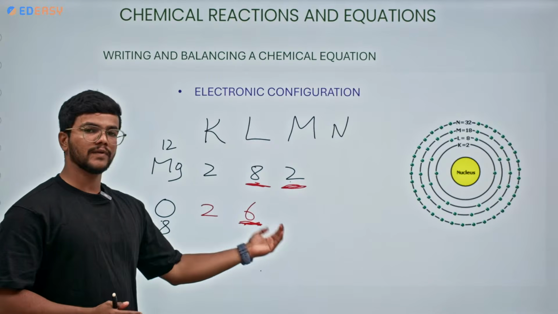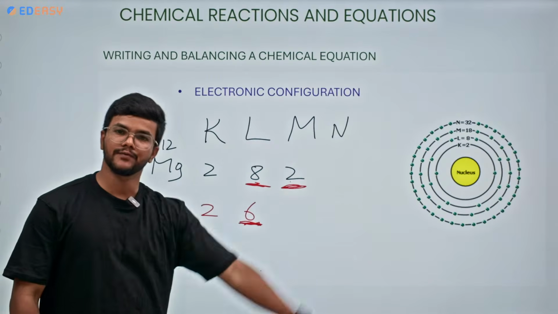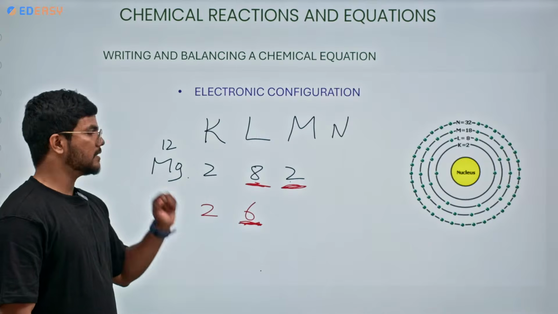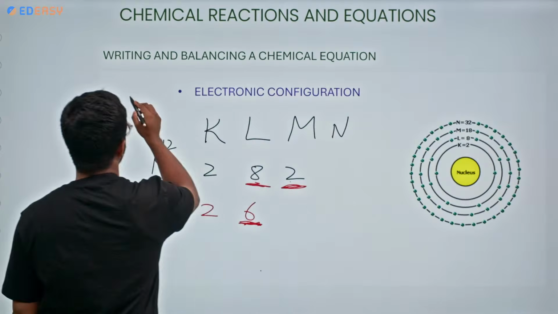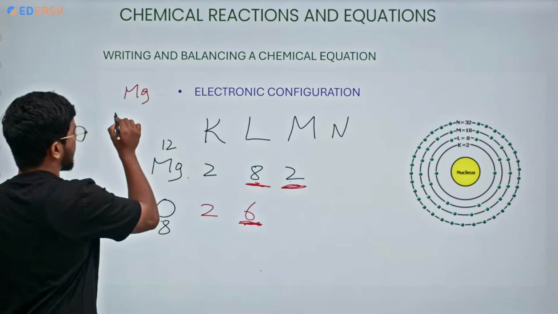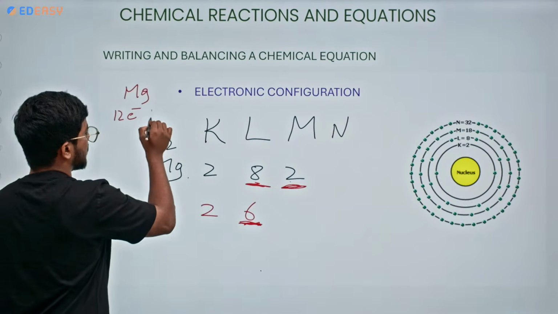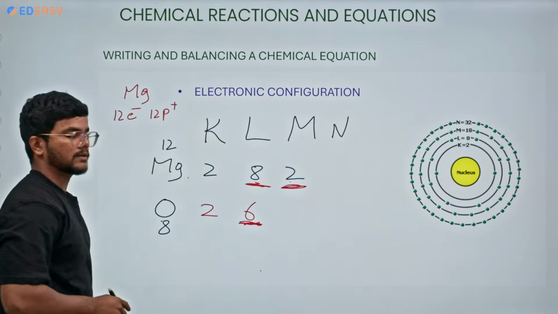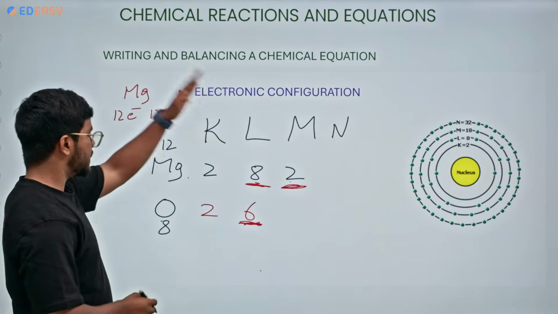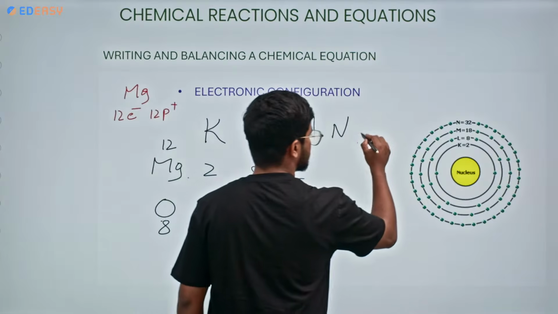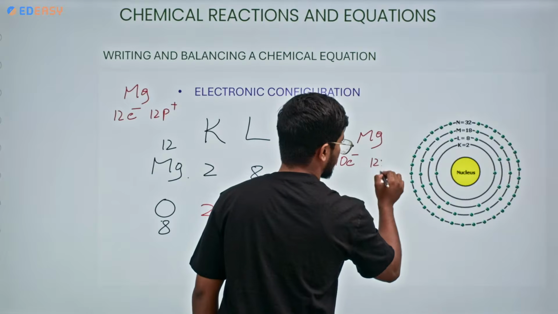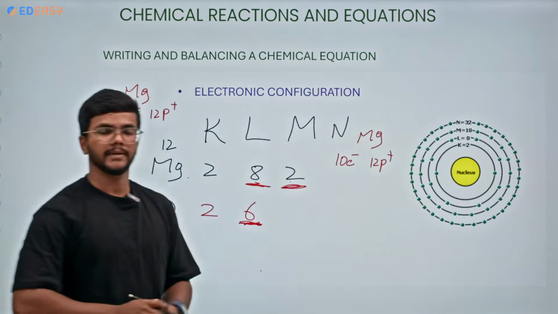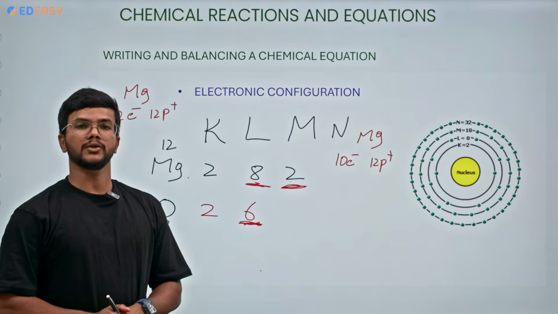So more than 4 will take electrons, less than 4 will give electrons. Before donating, magnesium has 12 electrons and 12 protons. After donating 2 electrons, magnesium has 10 electrons and 12 protons.